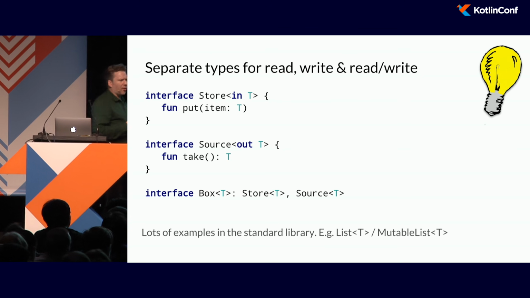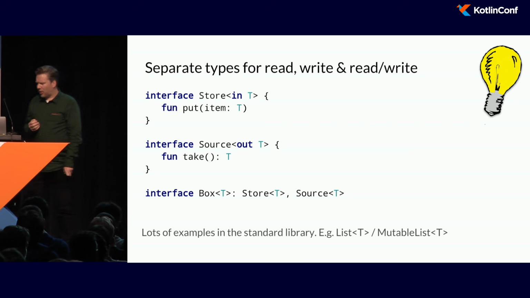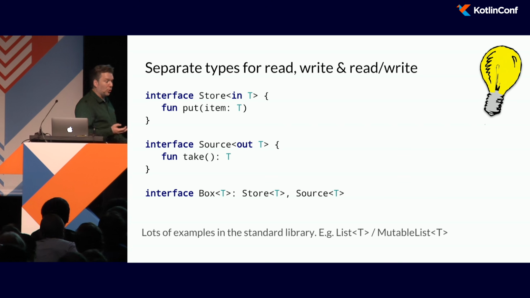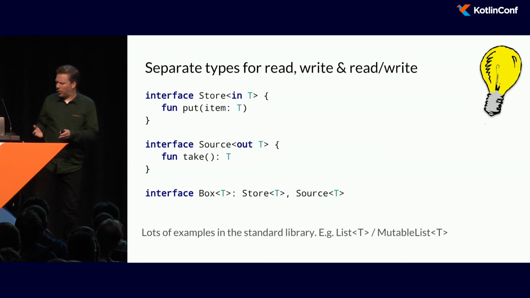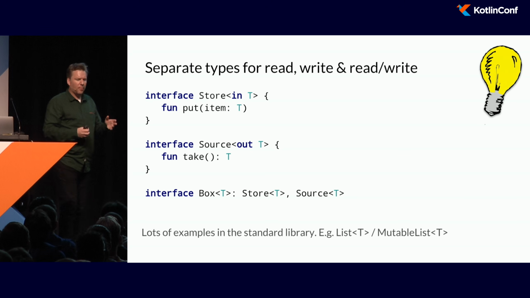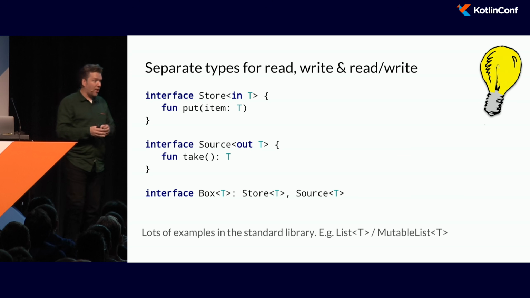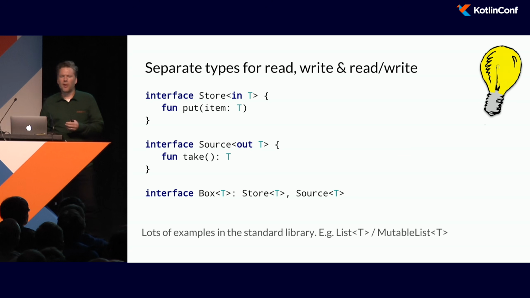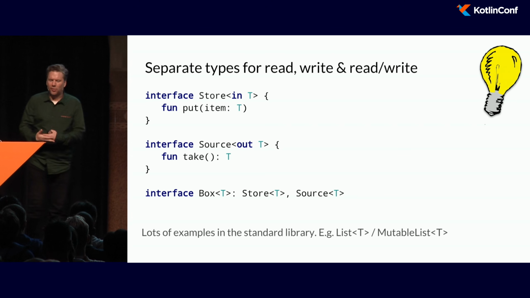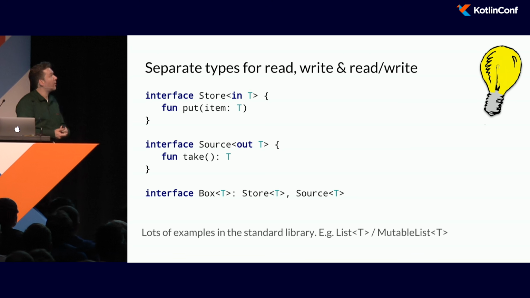So one stylistic convention that is both in the standard library and is very useful to ensure the maximum flexibility of your code is to separate out types that can have input variance, types that can have output variance, and types that are both read-write and therefore can have no variance. You can see this here.